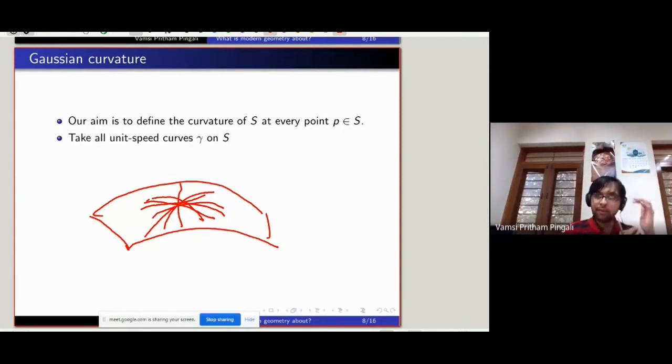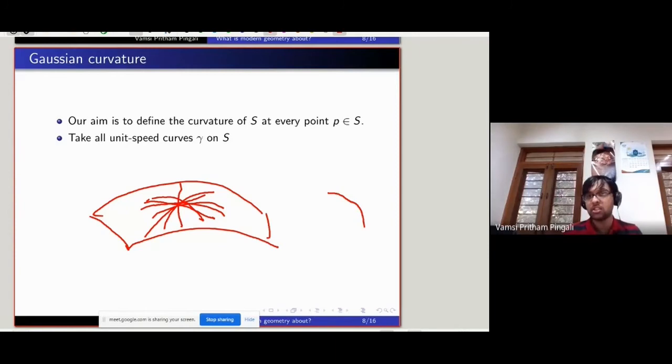So if it is moving with unit speed, if it has an acceleration, okay, then already maybe it is on a curved object, right? I mean, in Euclidean space, if you're moving with unit speed, you should not be having any acceleration unless you change your direction, right? In other words, unless the ant is changing its direction, it should not see any acceleration. It should see acceleration only if it's on a curved surface.